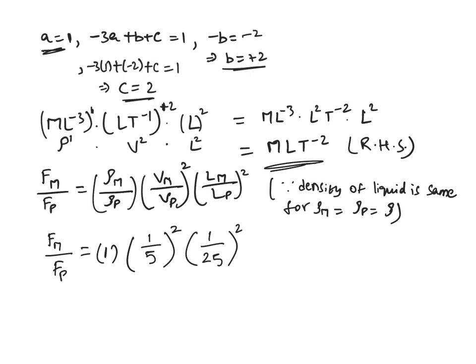This gives us Fm over Fp equal to 1/25 squared times 1/25, so that would be 1/25 whole cube, which equals 1 over 15625.